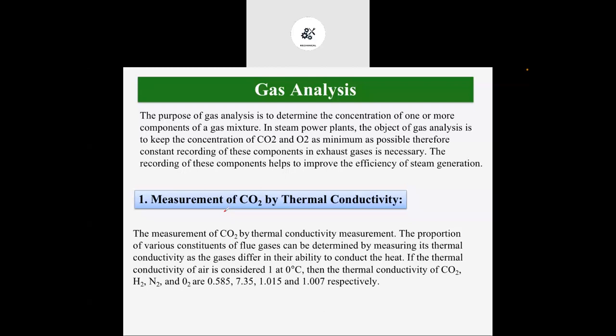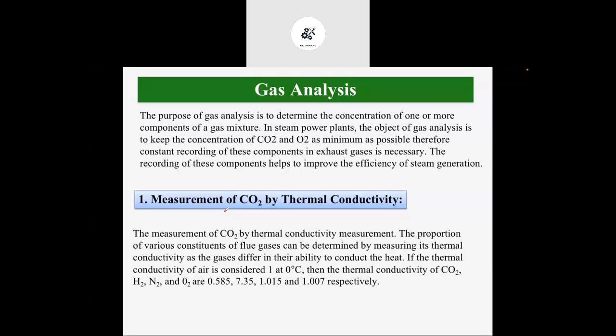Because, as we know, the sulfur dioxide will cause acid rain, and the nitrogen oxides are dangerous to human beings. They will also affect other factors inside the environment.